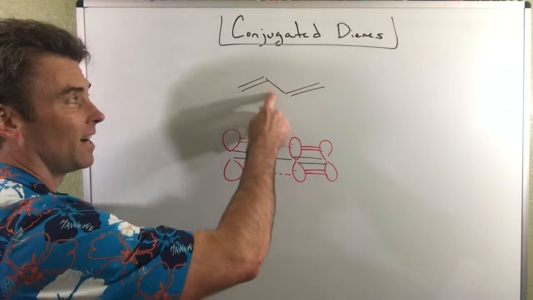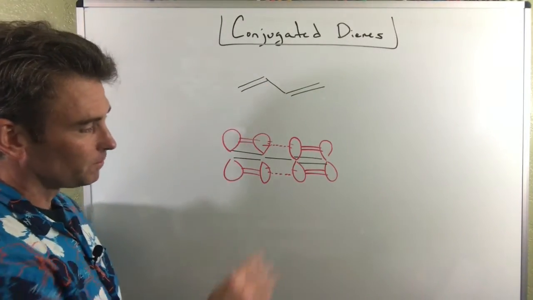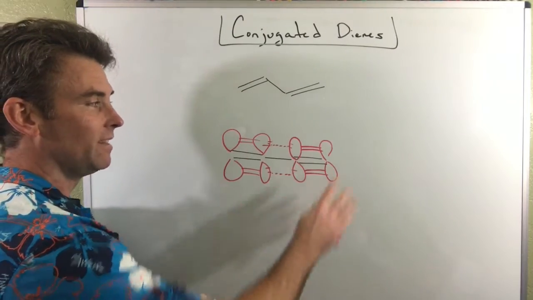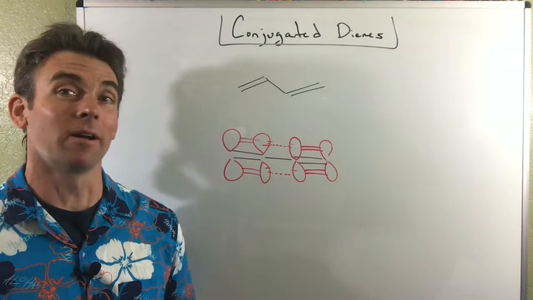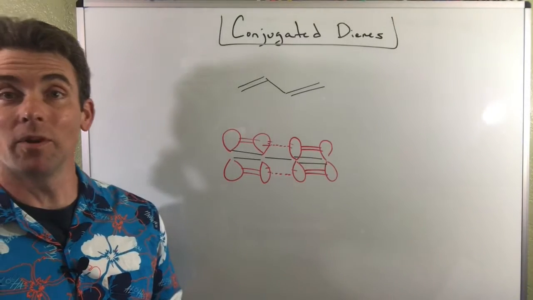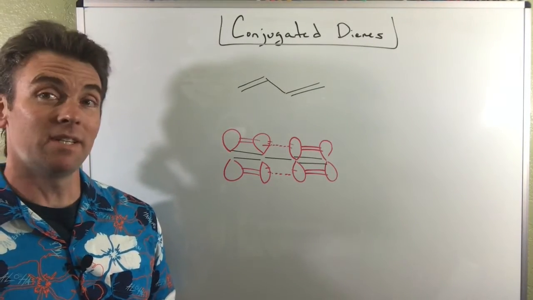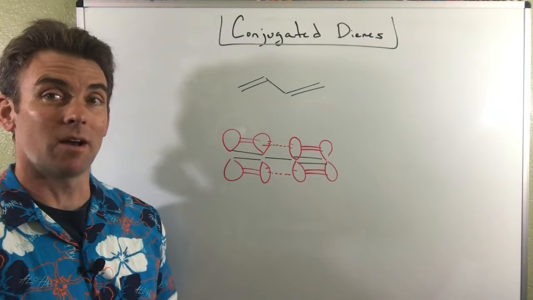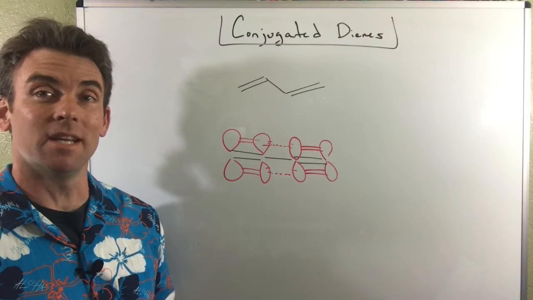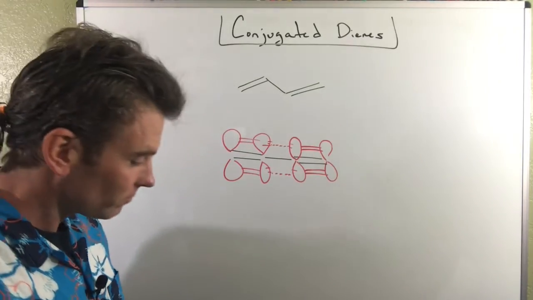It's not necessarily a single bond, but there is what's called a delocalized pi network. And this gives some really important changes in terms of reactivity. We're not going to just be seeing that simple door swing that we saw with the alkenes and the alkynes. We're going to be seeing something a little bit more interesting.